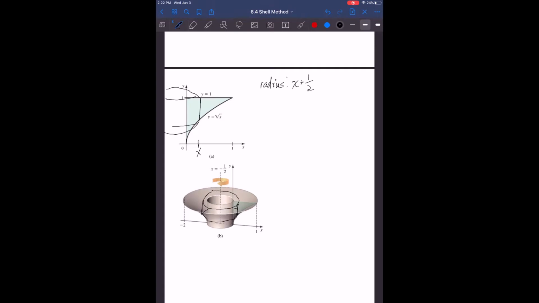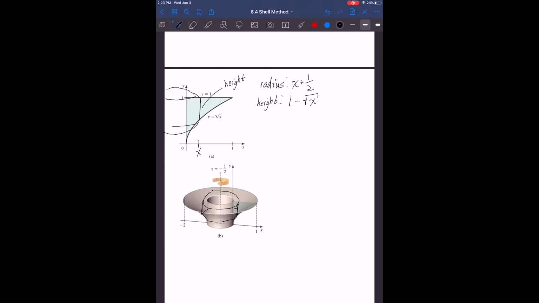Okay, again, our height is going to be using the washer method. So we are going to be using two different functions, and we're going to be subtracting them. In particular, our top function is y equals 1. So for height, we have 1, and then we're subtracting out the square root of x.